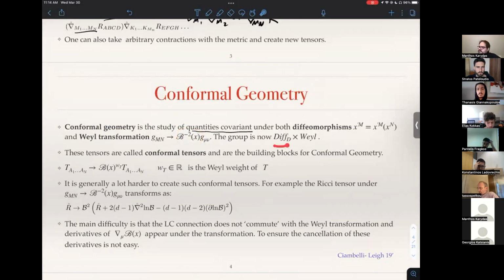So the group is now not just diffeomorphisms. We have this extra group, which I call the Weyl group. And similar to Riemannian geometry, we need to create tensors, which are called conformal tensors, that transform covariantly under both these symmetries.